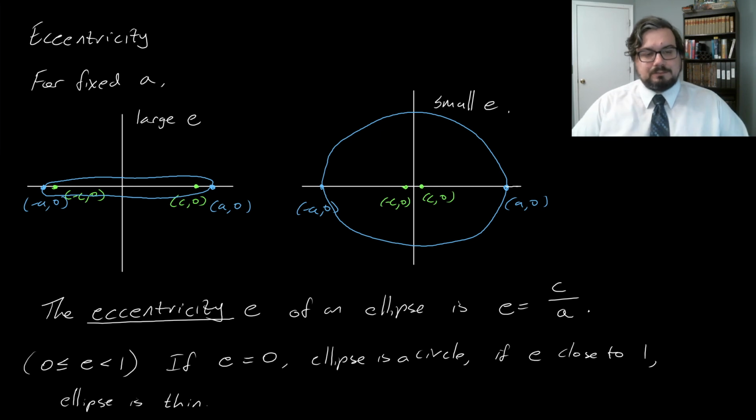coming back down. So one way of thinking about eccentricity is that for large eccentricity, there's a big difference between your closest and furthest points from a given focus, whereas for small eccentricity, if you're on the ellipse, you're always approximately the same distance away from a given focus.